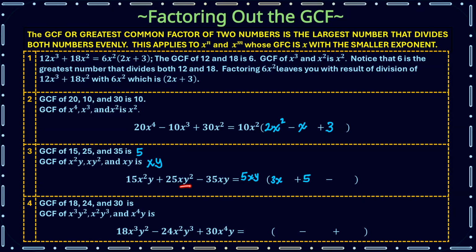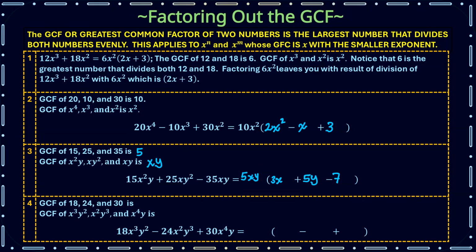We have y squared divided by y, that will leave you with just a y. And then lastly, we have negative 35 divided by 5. That is going to leave you with a negative 7. And for the variable factors, we have xy divided by itself, which is a 1. So 7 times 1 is just 7. And this is the factorized form.